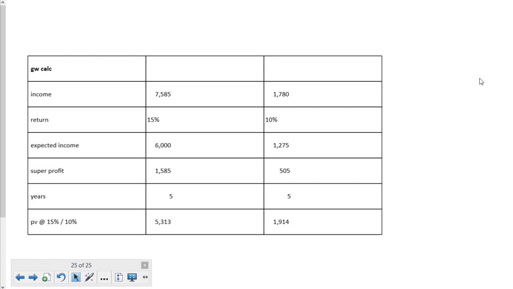They're going to make income of 7585. The return is 15%. If I take 15% of assets, what do they have as assets? What's the number they've got as assets for B? 39. Okay, work that out for me.